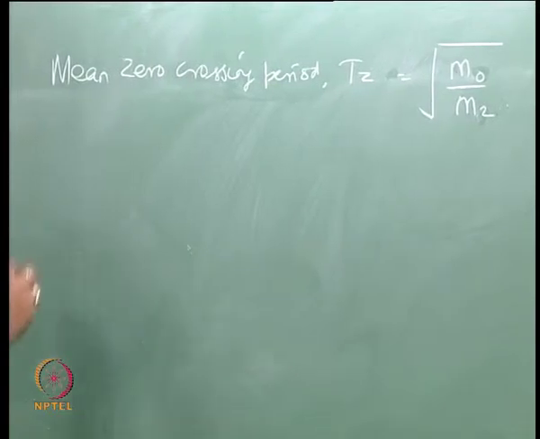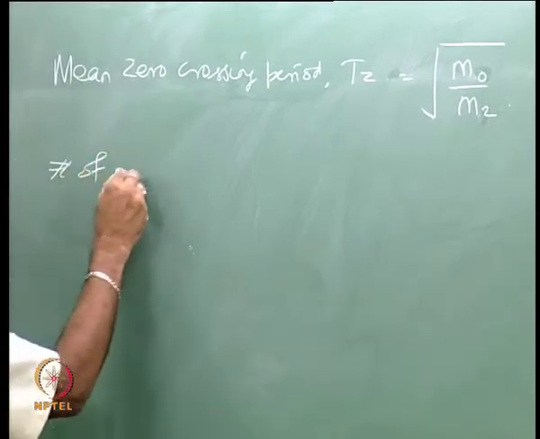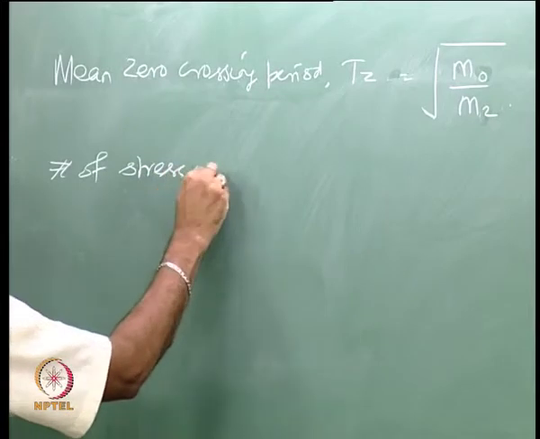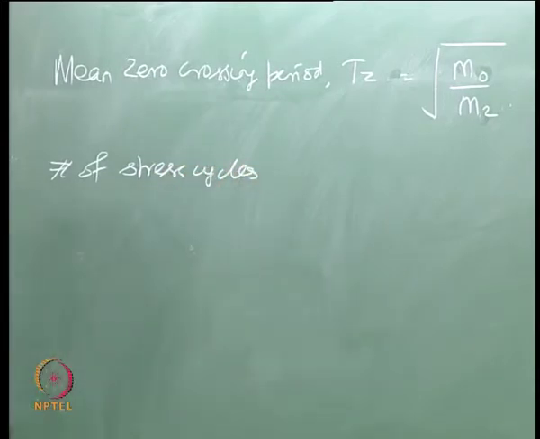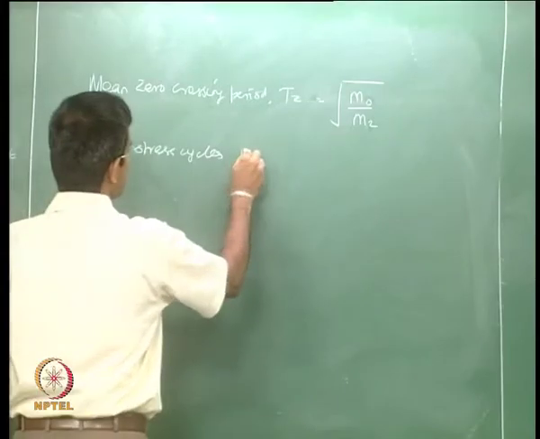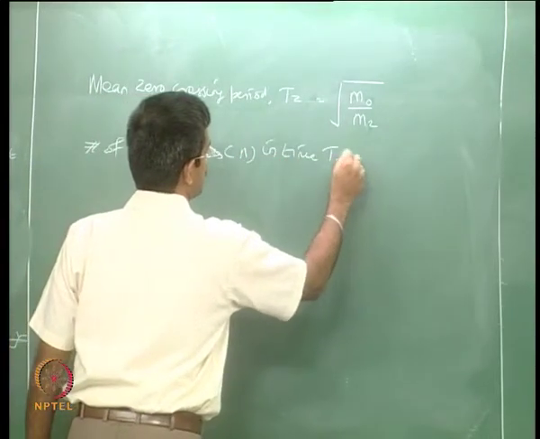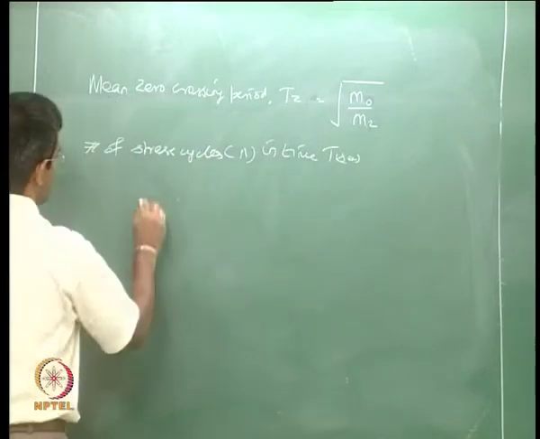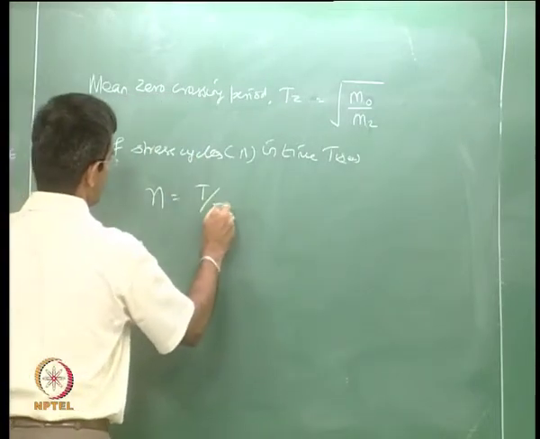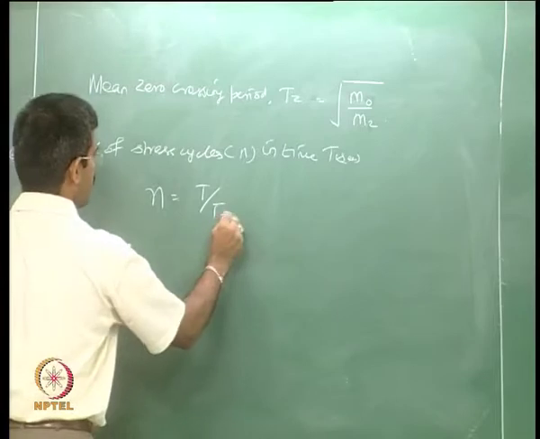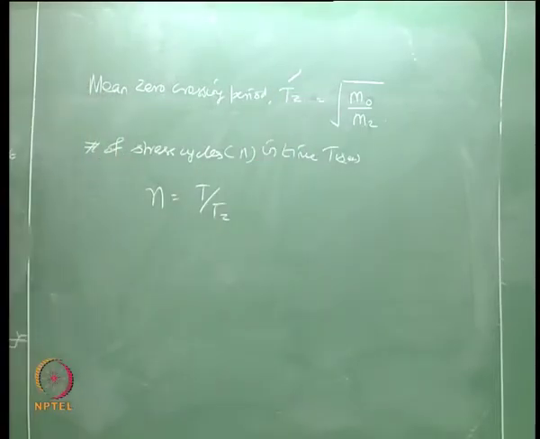And the number of stress cycles, which I call n, in time t seconds is given by simply T by Tz. The Tz is already known to me.